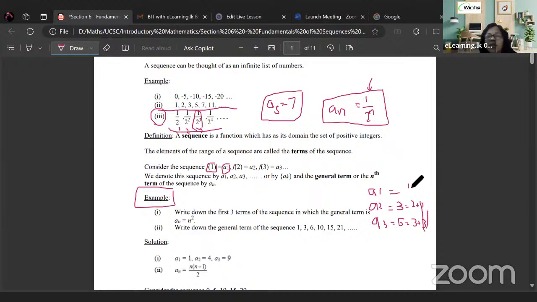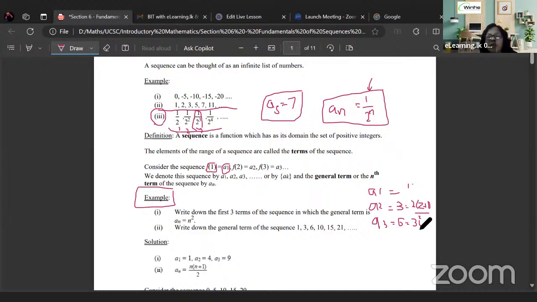Or else you can write it as 1. So if you got this, you can write this as 2 into 2 plus 1 divided by 2.